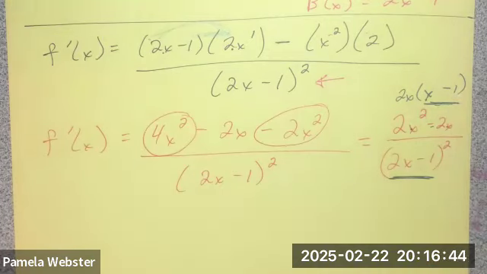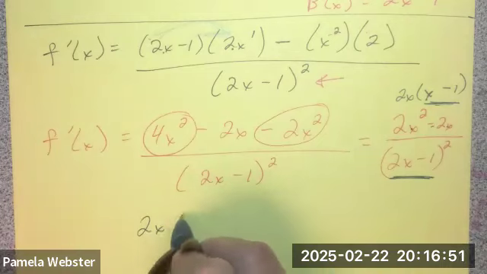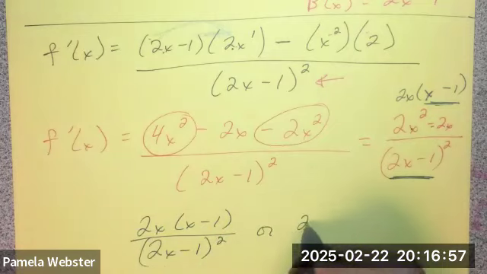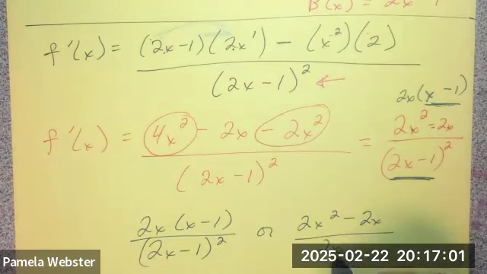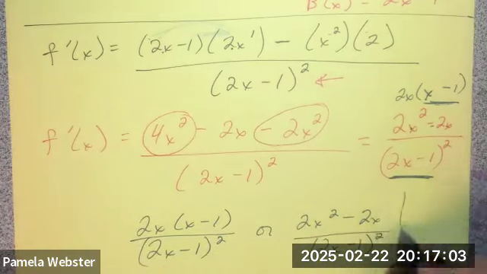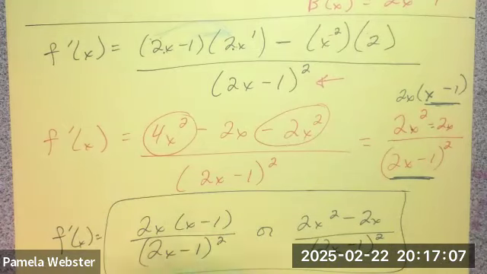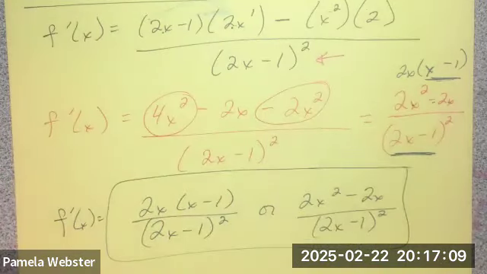So it doesn't help you at all. So no reason to multiply that out. And there's really nothing I can do with it. If you want to leave it factored on top, you can. If you don't want to bother factoring it on top, that's okay too. I'll take either one of them because nothing reduces, so it doesn't matter. There's my derivative using my quotient rule.